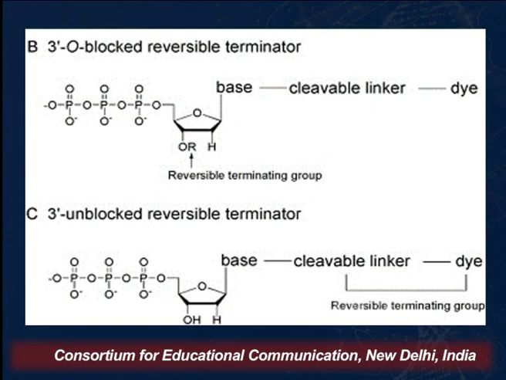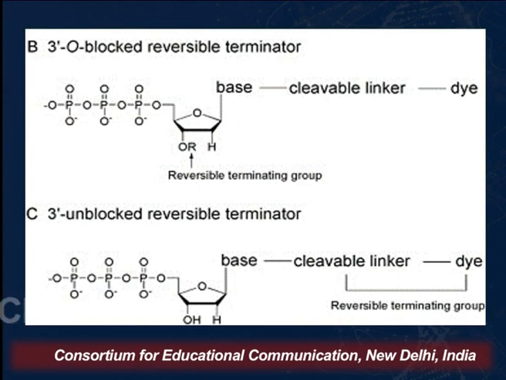Again, it will be a reversible terminator group. So now this nucleotide will come and extend wherever the complementarity is there and again terminate the chain extension. Then you reverse the chain termination. You change the condition so that the reversible terminating group is removed, H is attached and the dye is removed, again making it a normal nucleotide.